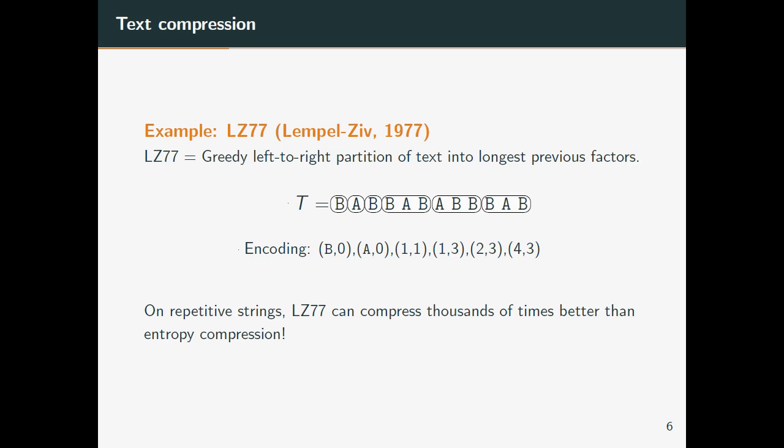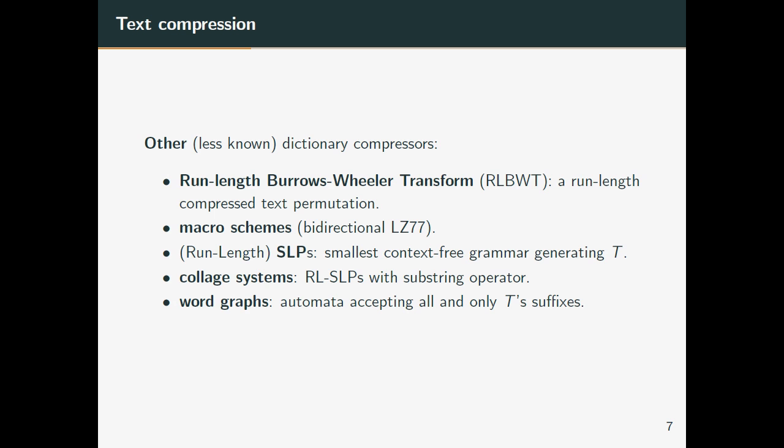Then we encode every phrase as a pointer to the previous occurrence. So Lempel-Ziv 77 captures repetitions extremely well, and it can compress thousands of times better than entropy compression, also in practice. So this is super good for repetitive texts.